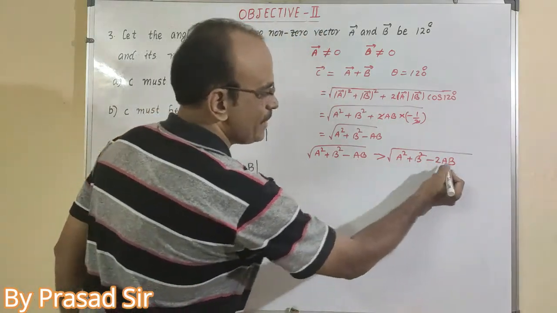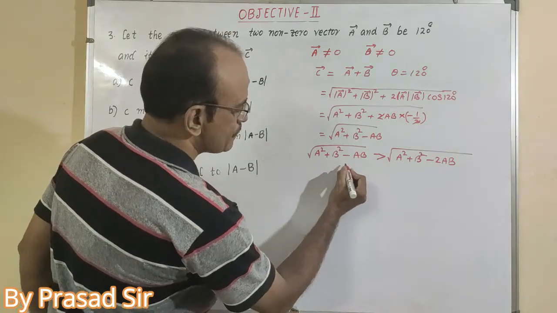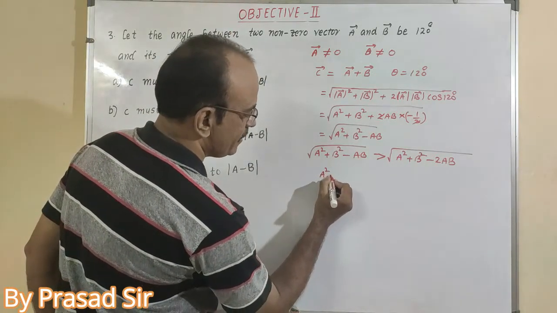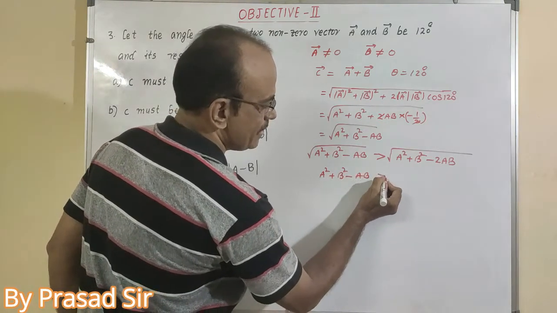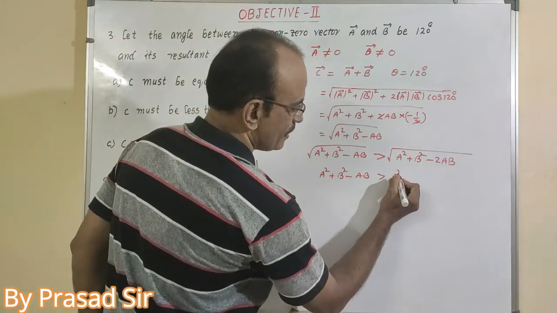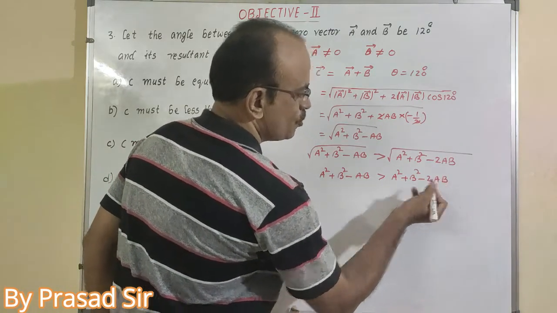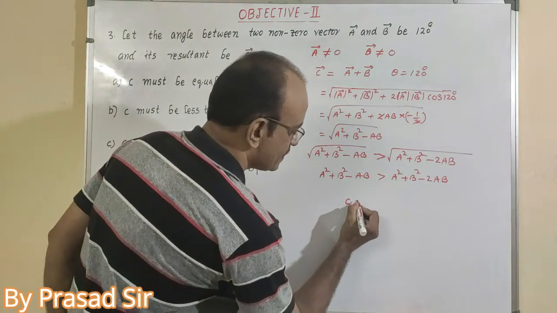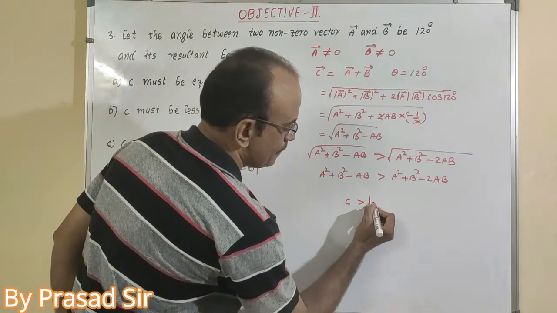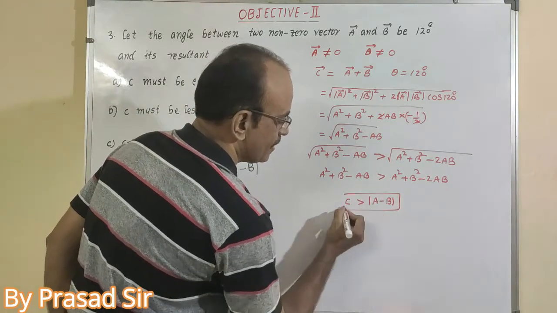Observe here, minus AB, here 2AB. Squaring both sides, I will take A square plus B square minus AB greater than A square plus B square minus 2AB. But what is the conclusion here? C is greater than magnitude of A minus B. So this is the conclusion.